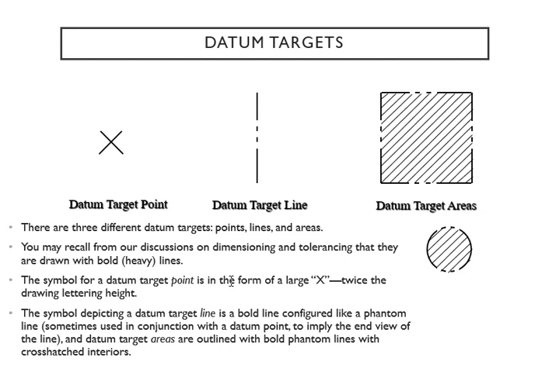So there are 3 different datum targets: your points, your lines, your areas. We already talked about it in dimensioning and tolerancing. Yeah, they're drawn with your bold lines, and of course the symbol for a datum target point is in the form of a large X right there. Okay, that's just a point.